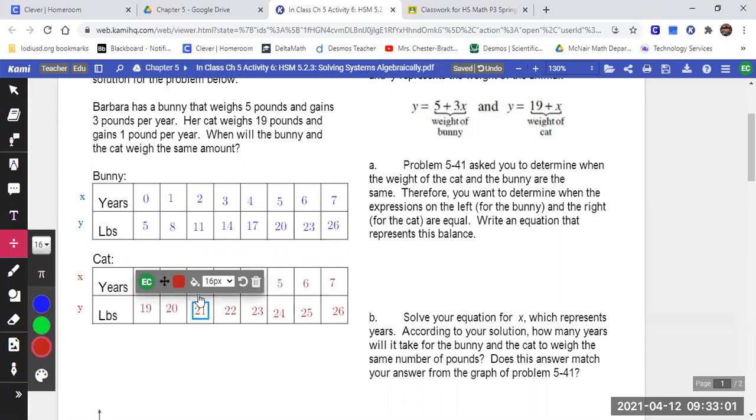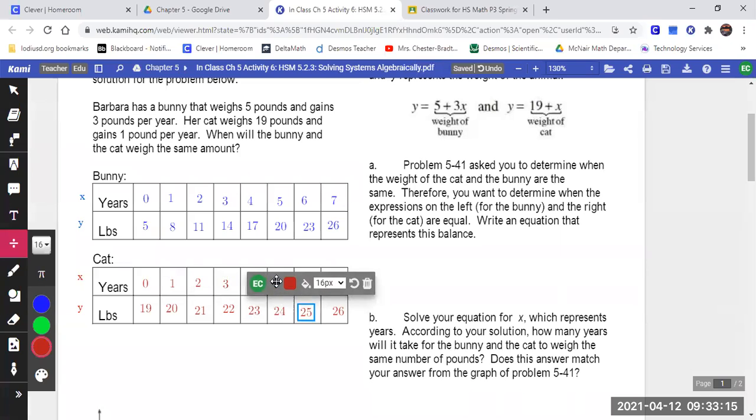Okay, so you guys should have yours filled in, right? So when you're looking at the table, how do we know it's the solution? We learned this last week. What makes it the solution when we're looking at the table?